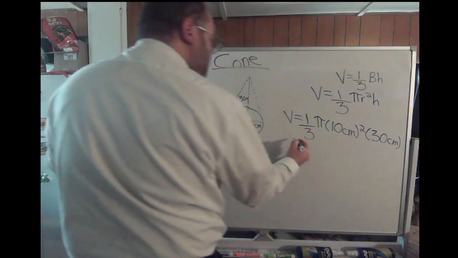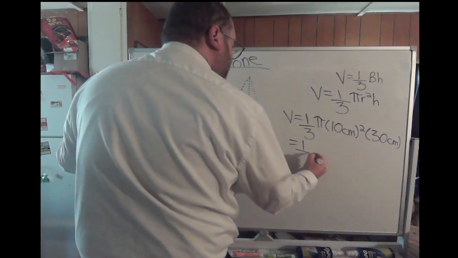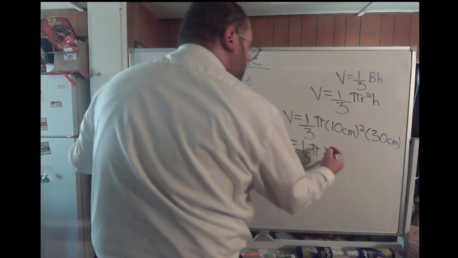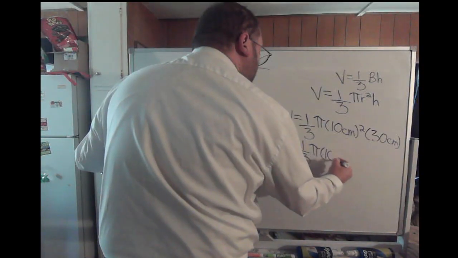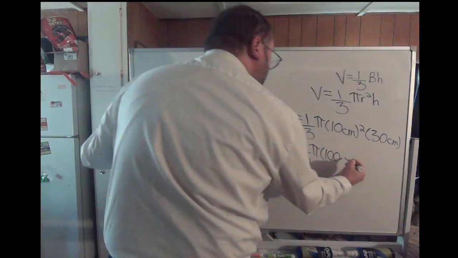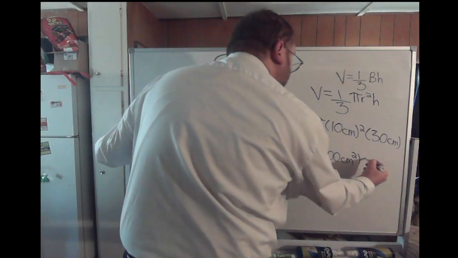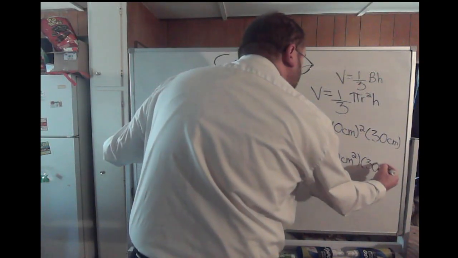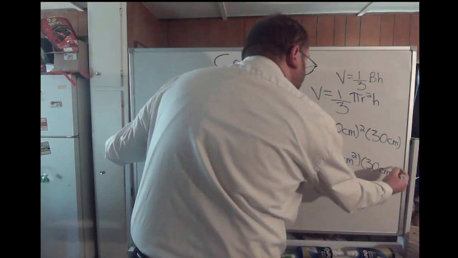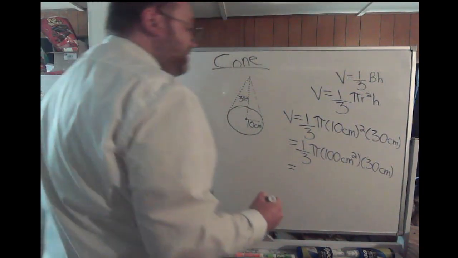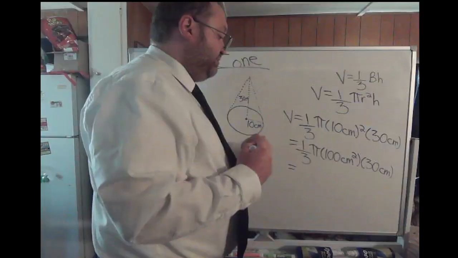Alright, so we'll still have 1/3 times pi. Now that 10 centimeters squared, well, 10 squared is 100. Centimeters squared is square centimeters, times that height of 30 centimeters. Well, I'm going to pull the commutative property of multiplication again.